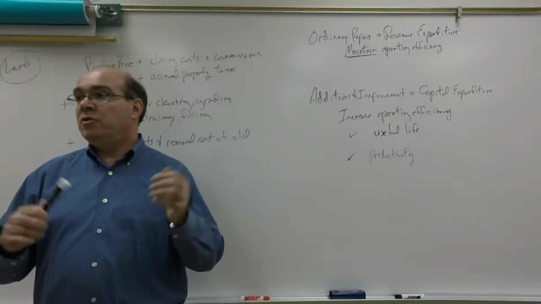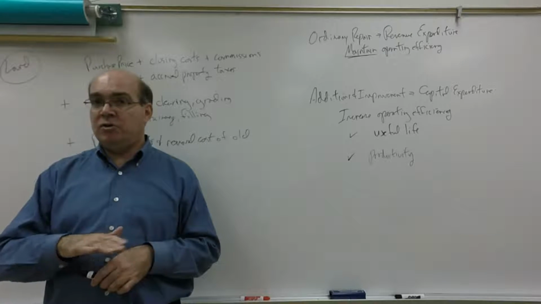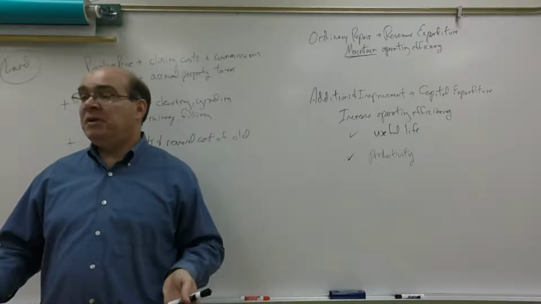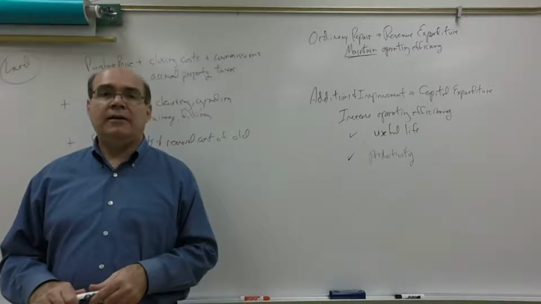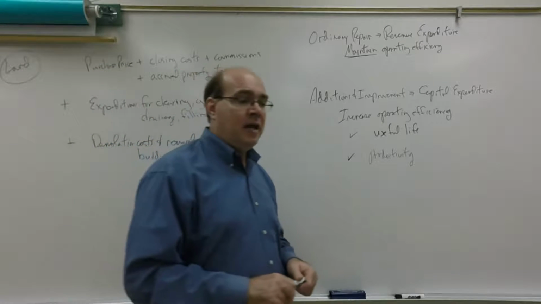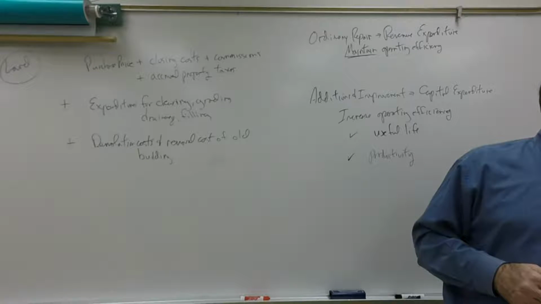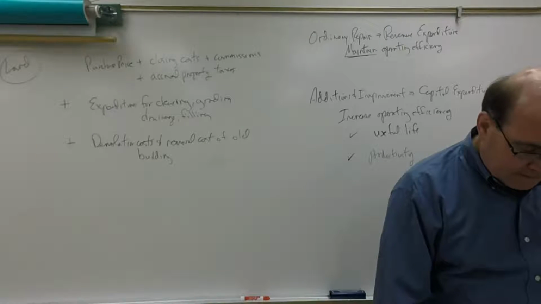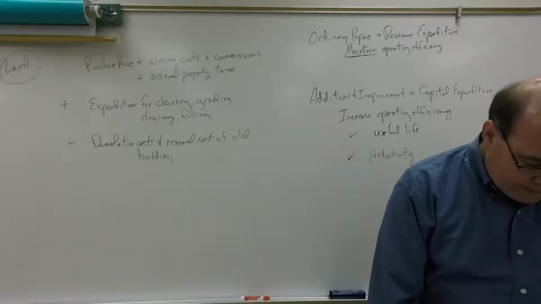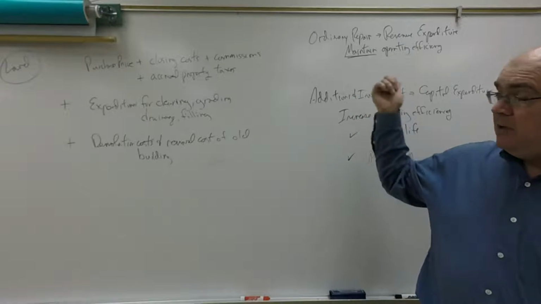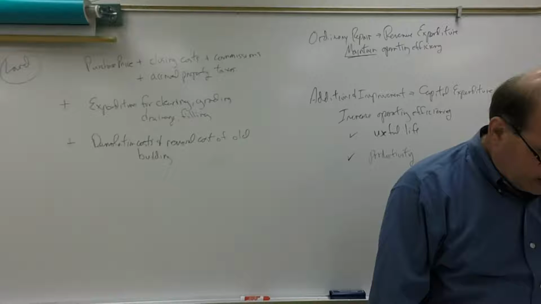But if I buy it for $200, I might have a rule that anything under $250, I just expense because it's not that big. Okay. So materiality, they talk about that. Many businesses have a materiality limit on when they're going to record something as a plant asset. Okay. So knowing the difference between these, I'm pretty sure that's going to pop up on the test in a place or two.